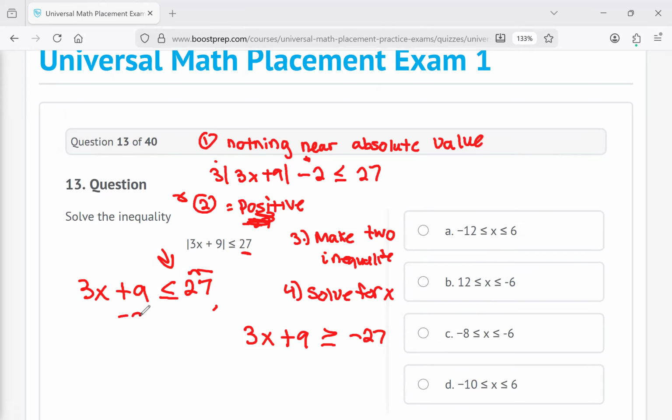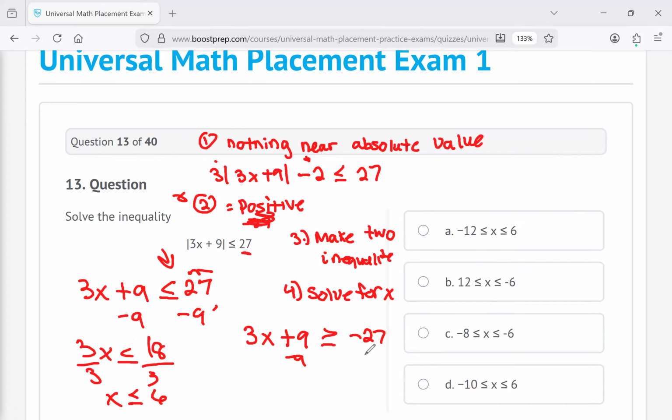Over here, I'm going to subtract 9 and divide this by 3. I don't flip the sign because I'm not dividing by a negative. So 18 divided by 3 is 6. Same thing here.